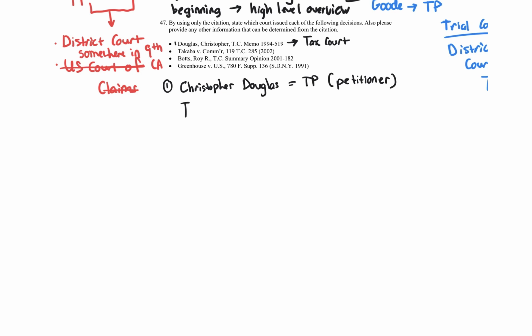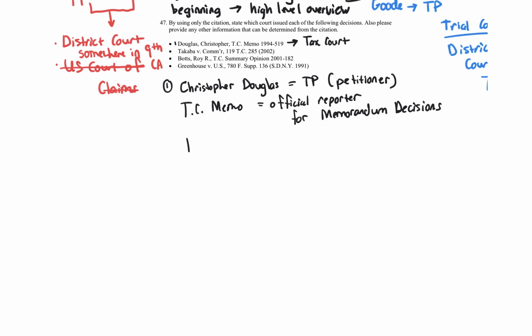So the TC memo, that is the official reporter for tax court memorandum decisions. And remember that memorandum decisions are binding. It's the tax court summary opinions that are not, and we're going to see that one in the third one.